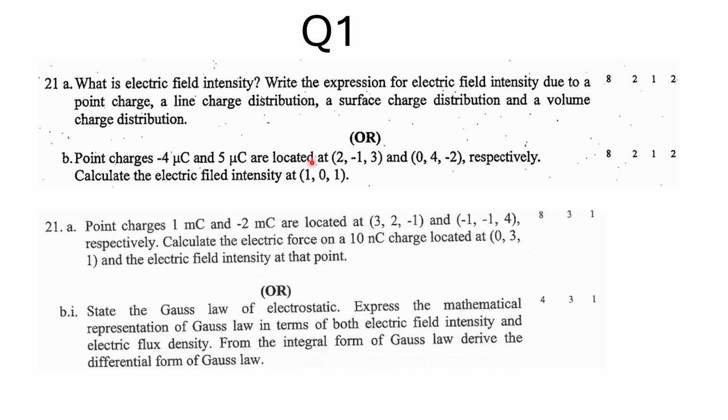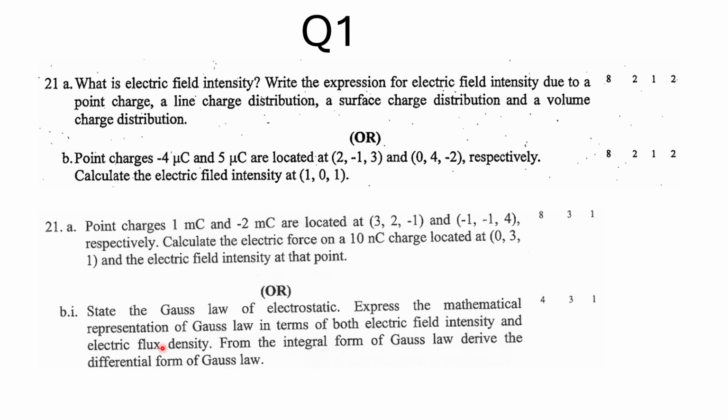Okay, so let's talk about the first unit. If you see, from the first unit, in this question it has asked about electric field intensity. Another question asked for the calculation of the electric field intensity. In another set, the question asked to find the electric field intensity.